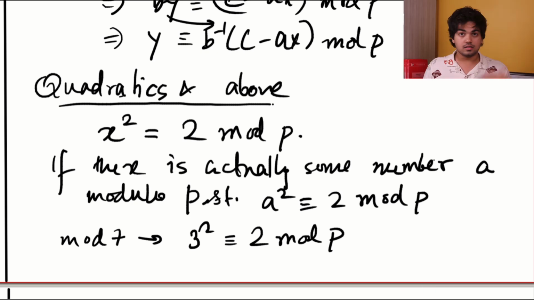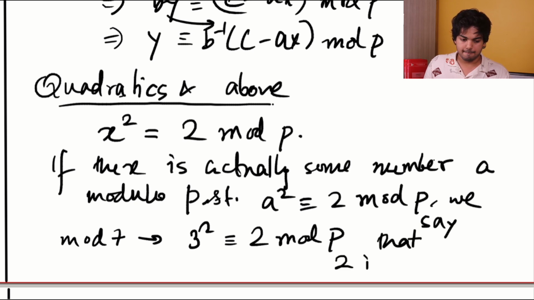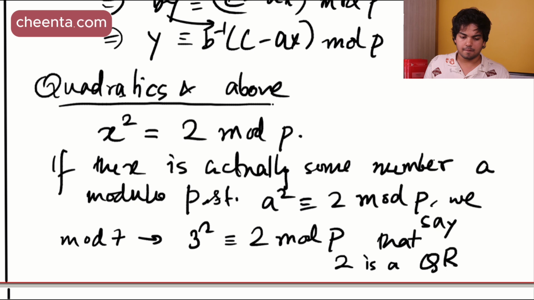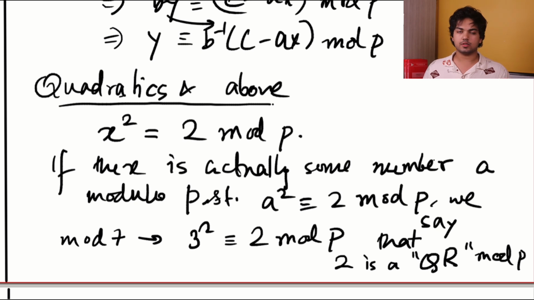So sometimes you can and sometimes you can't. If a squared is equal to 2 mod p has such a number, we say that 2 is a quadratic residue mod p. And the general idea is that a is a quadratic residue mod p if there's some b such that b squared is equal to a mod p.